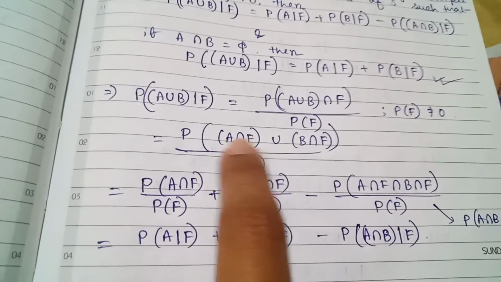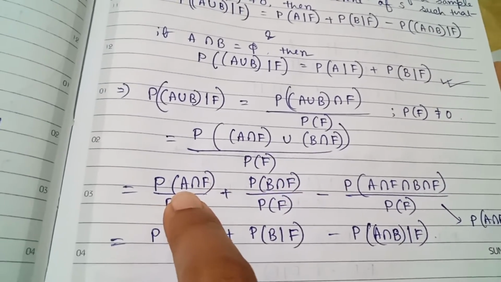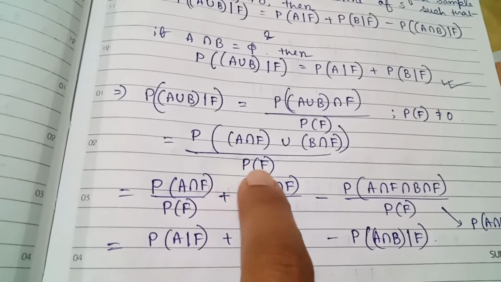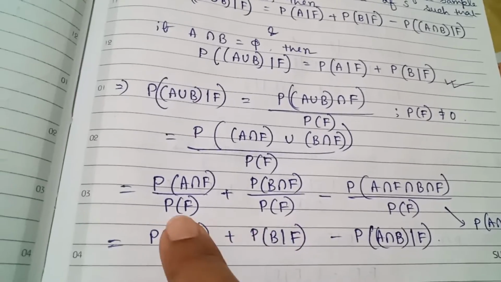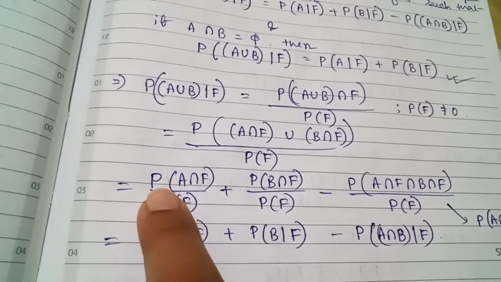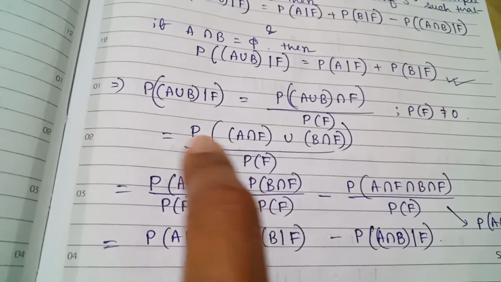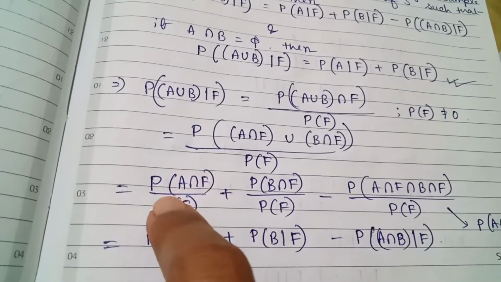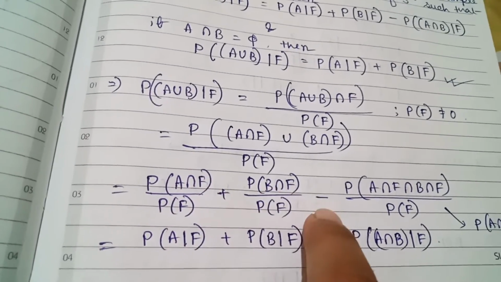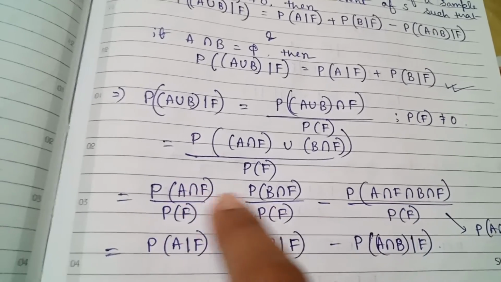Now these two are different sets, so we can write like this. The denominator P of F I have individualized into different fractions. So the upper part we can write P of A union B, suppose, as P of A plus P of B minus P of A intersection B. So I have written that.